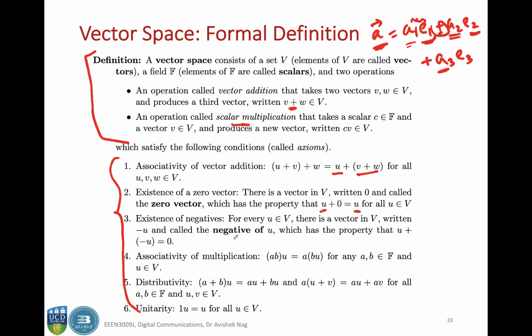Then the existence of negatives, which is also important: there should be a vector minus u, also a member of the set capital V, called the negative of u, which has the property that if it is added with u, it gives you the zero vector.